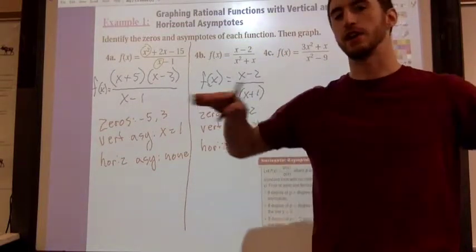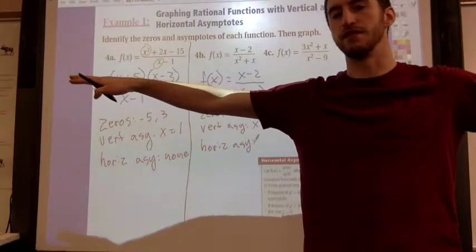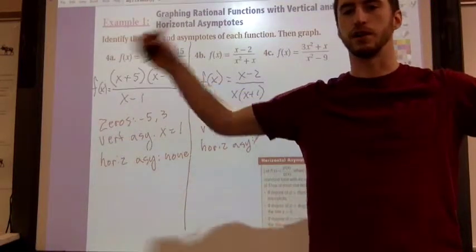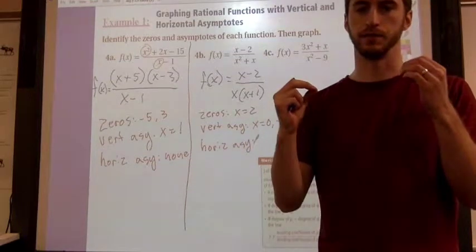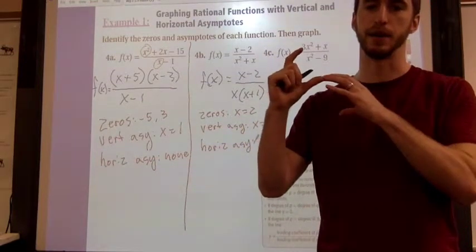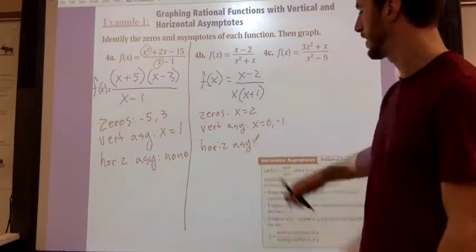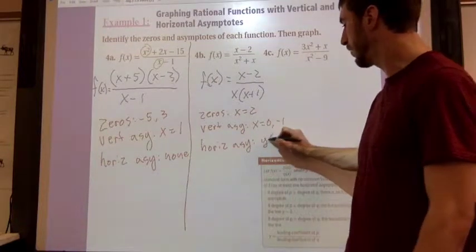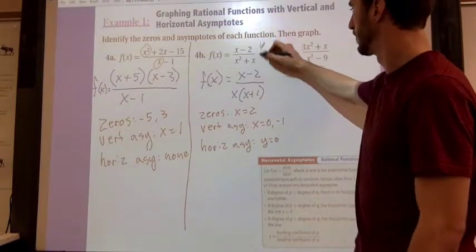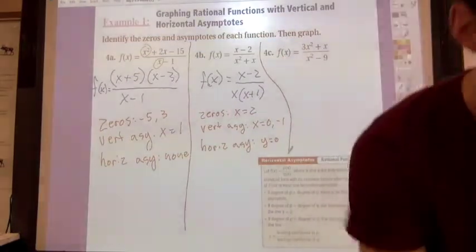So that means as our x values approach the infinities, our y values are going to approach 0. Okay, you take a number and you divide it by a bigger number, it's going to get smaller and smaller and smaller and approach 0. So we've got a horizontal asymptote at y equals 0. Let's go ahead and graph this, see if we got it right.